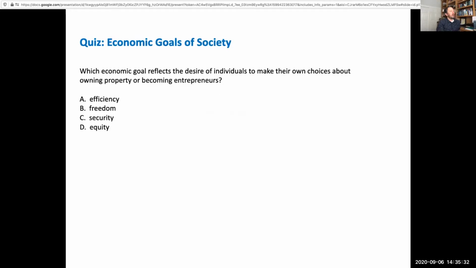What economic goal reflects the desire of individuals to make their own choices, about owning property or becoming entrepreneurs, right? So the economic goal there is going to be freedom, right? We talked about the freedom to be who you are, right? The guy in the video talked about this a little bit as a disadvantage of the traditional economy.